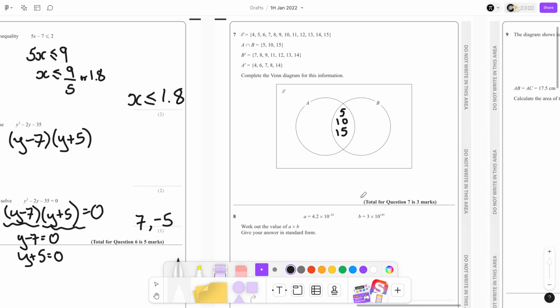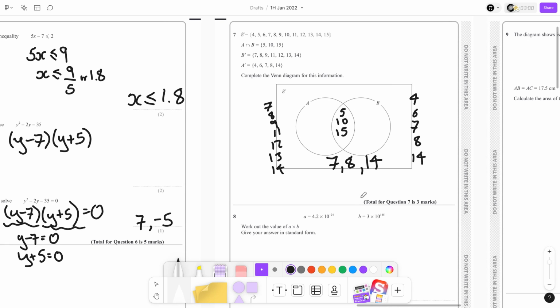So all the things that are not in B, so they're outside B, are 7, 8, 9, 11, 12, 13, 14. And not in A, 4, 6, 7, 8, 14. Okay, so the ones that are not in both are 7, 8 and 14.